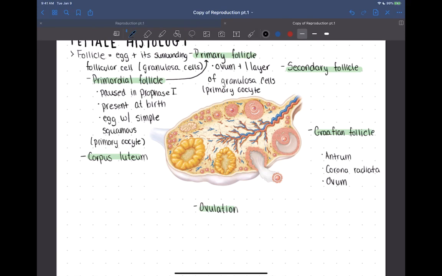Okay, and then from there, it's going to develop into a secondary follicle. All right, so the secondary follicle still contains a primary oocyte.